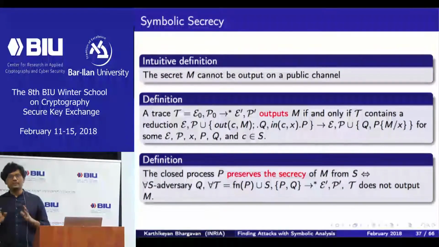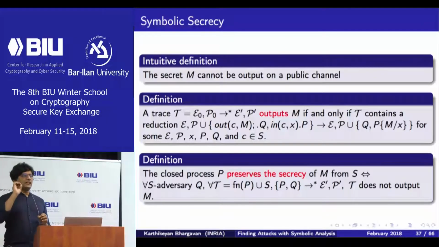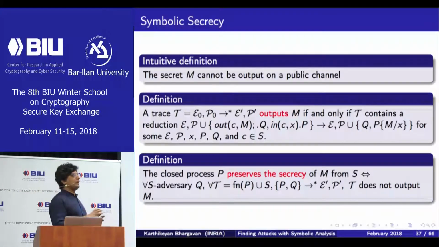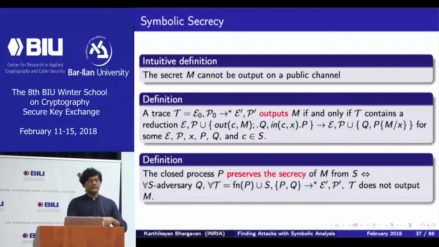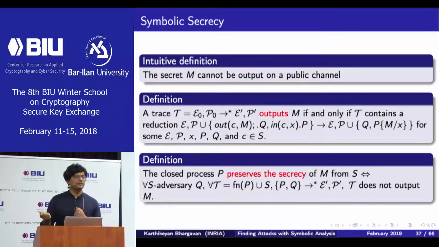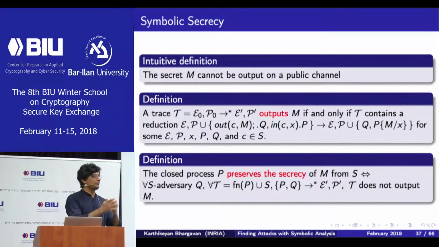It's not about indistinguishability or anything. It is just that the adversary should never be able to obtain the entire secret term that we are trying to protect, which means that secret M should never be output on a public channel. Okay? So it's not even information flow. It's just that the whole secret should never be output on the public channel.